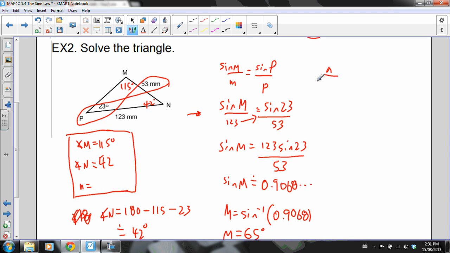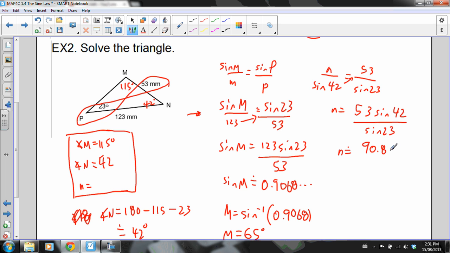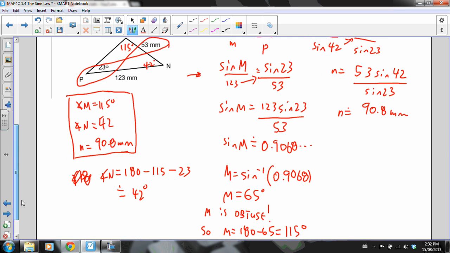So side N over the sine of N, which is 42, is equal to, and I'm going to use the pair that I'm given, side P is 53 over the sine of 23, and then I'm going to use that to find side N. You pound that into a calculator, and you should get about 90.8, and the units are millimeters in this case. Okay, triangle solved. On to example 3.